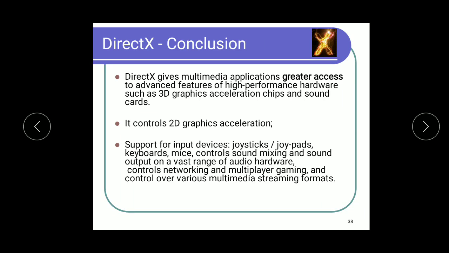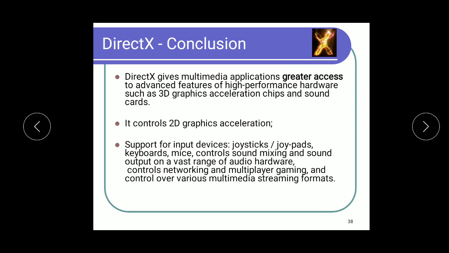DirectX gives multimedia applications greater access to advanced features of high performance hardware such as 3D graphics acceleration chips and sound cards. So nowadays 3D graphics is in the market, as well as acceleration chips. Now with the help of one chip you can change the graphic formats.